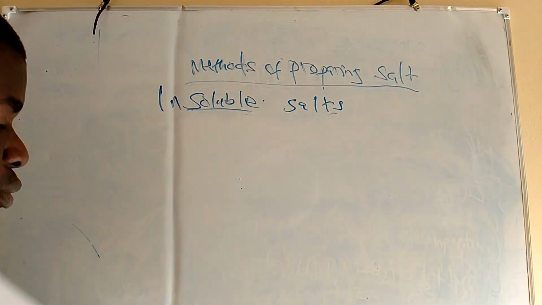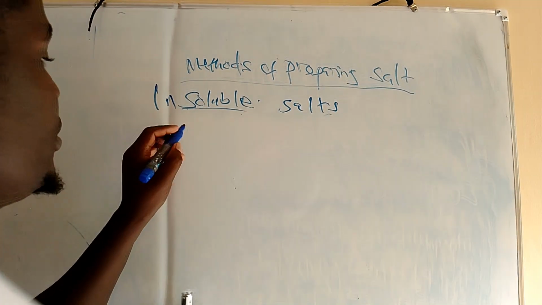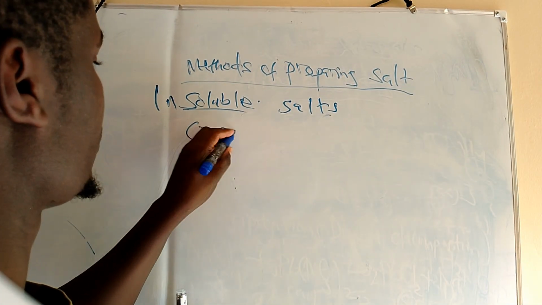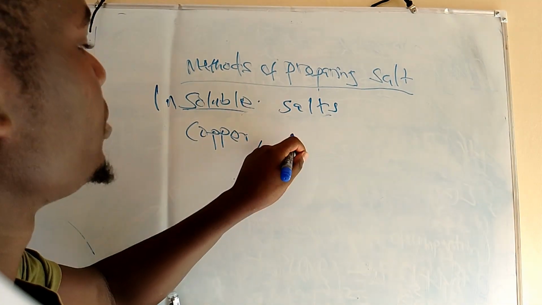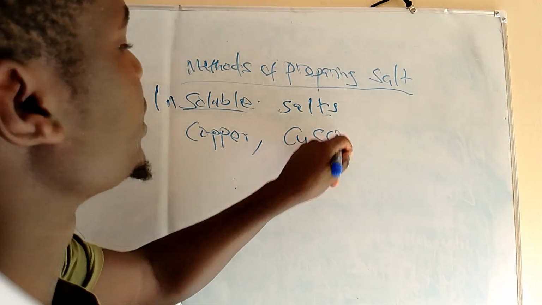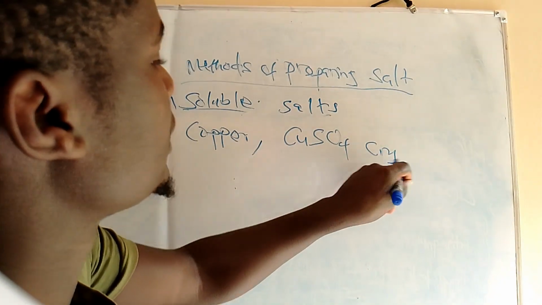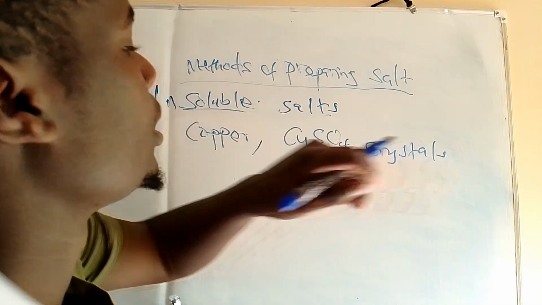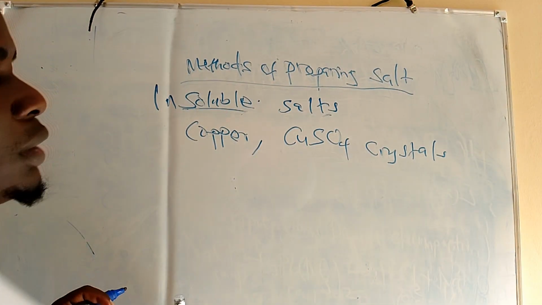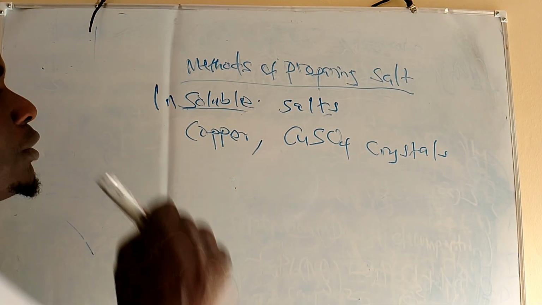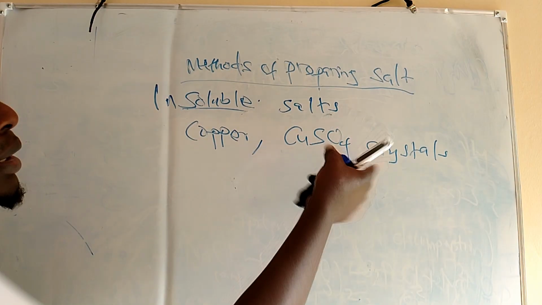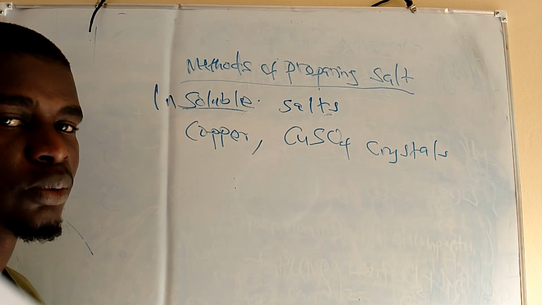So you start from copper. You have been given copper metal, and then you are required to prepare copper 2 sulfate crystals. We say crystals, those ones are blue, they contain water of crystallization. So starting from copper, can you explain how copper 2 sulfate crystals will be prepared?